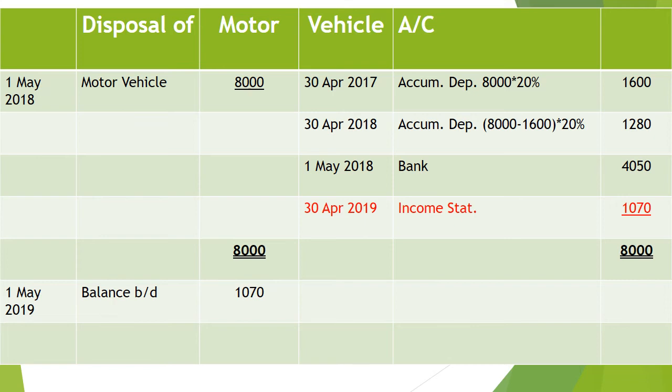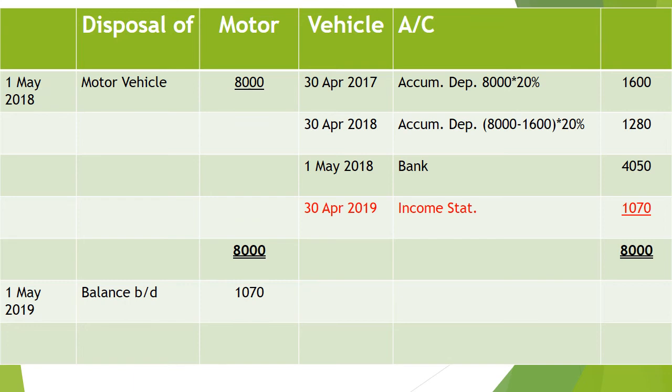And the asset was sold on 1st May 2018 for 4,050 via bank to this disposal of motor vehicle account. When we add both these debit and credit entries, the credit entries are less, so we will take the debit balance on the credit side, 1,070.